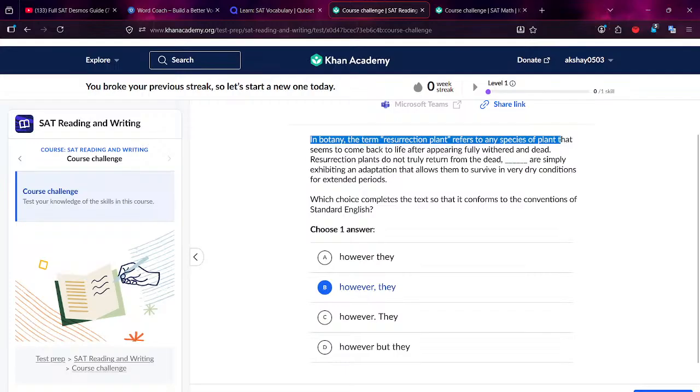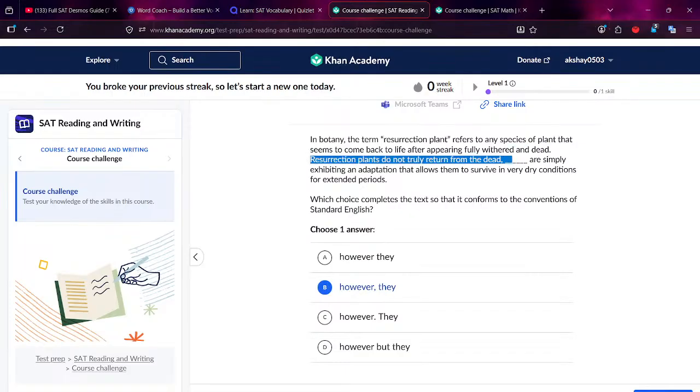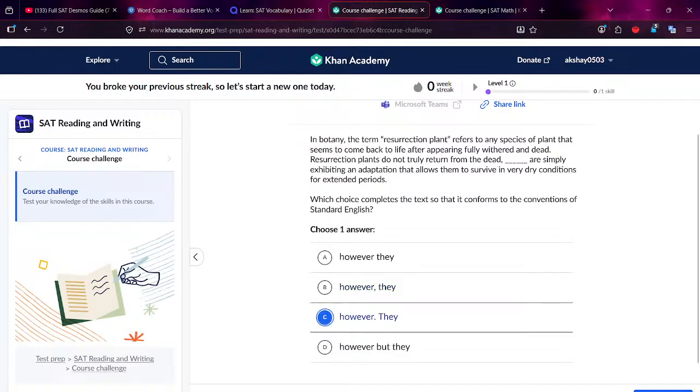Resurrection plants do not truly return from the dead, however. They are simply exhibiting an adaptation that allows them to survive in very dry conditions for extended periods. So if you put a period after dead, before however, that could work, right? Period or semicolon. That makes a lot of sense. Separating with a comma is not strong enough.